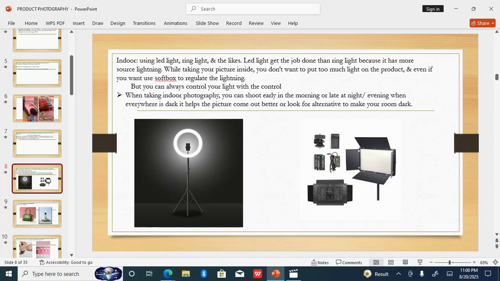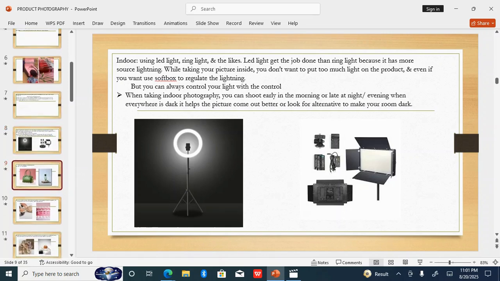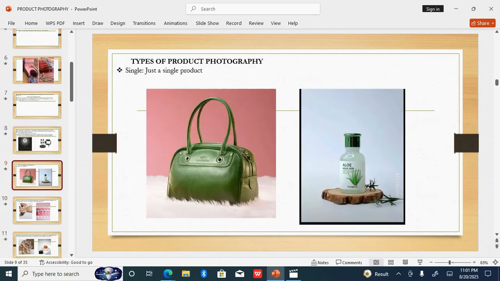Another tip is to shoot very early in the morning or late at night when your room is still dark, or shoot in the afternoon and drop your curtain down; it makes your picture come out better. So that's that on indoor photography.